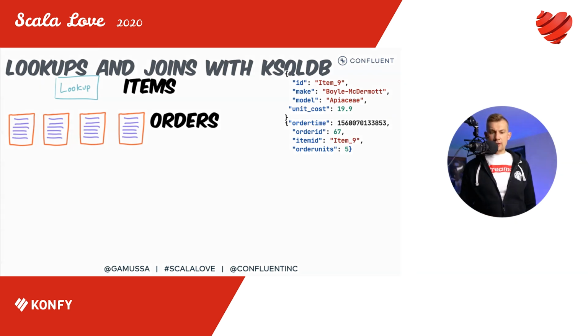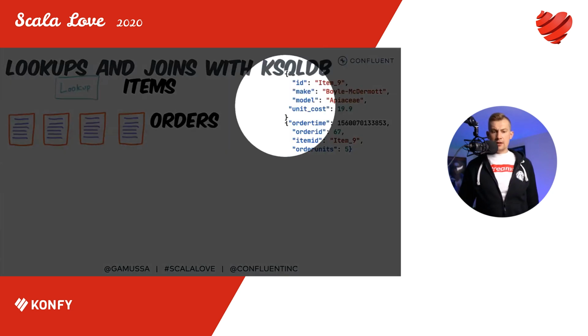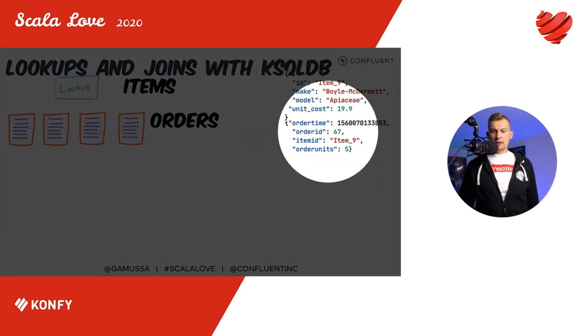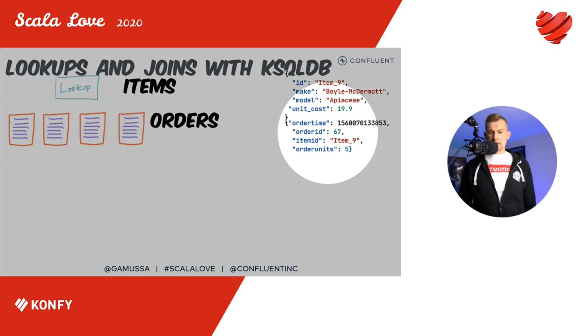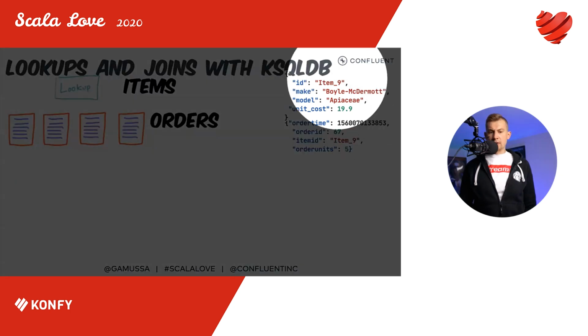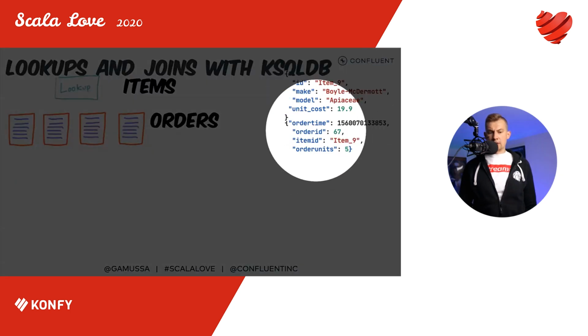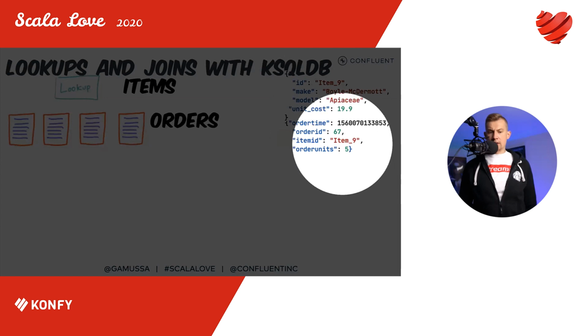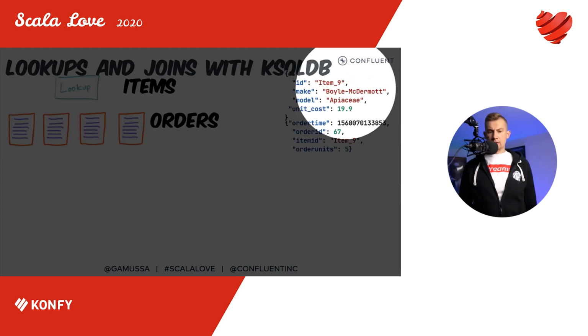In this particular case, we have the item in our lookup table, and here we have the order information. Now we want an enriched stream where we combine information about the item, not only putting the item ID here, but also including information about make and model.